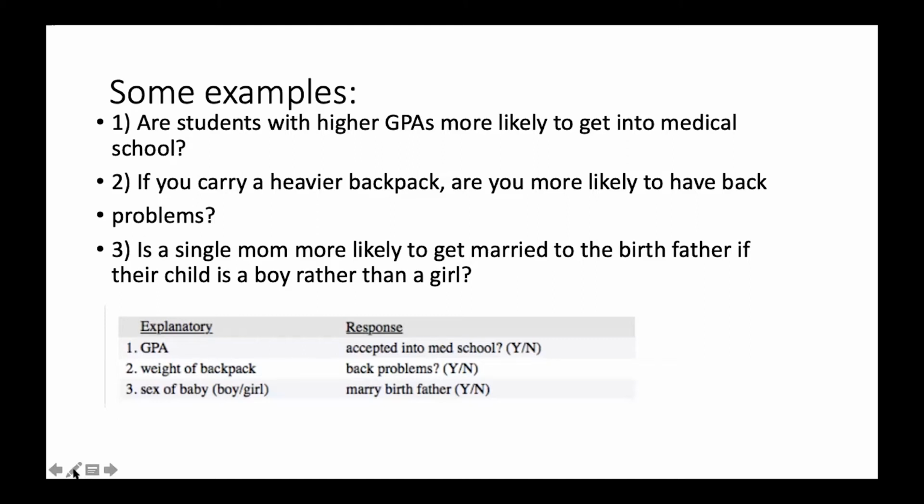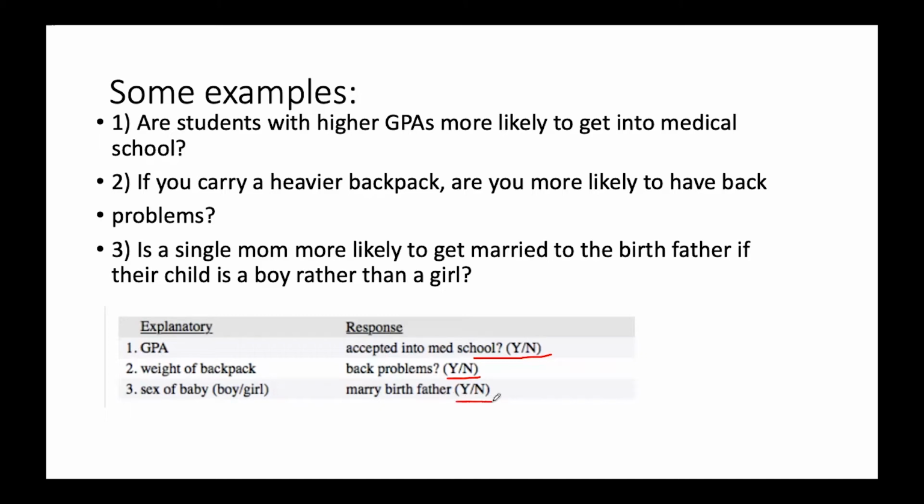So apparently the response variable here is admitted or not, yes or no. And the second question is, can you use the weight of the backpack to think about whether you are having back problems or not, yes or no? The third question is, can you use the sex of the baby to predict whether the mother is going to get married to the birth father or not?